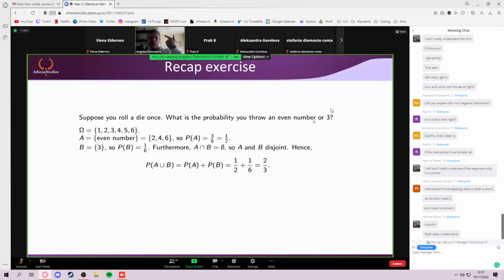So they asked us about 2 different events. The event number A is throwing an even number. So what does even number mean? 2, 4, 6. So 3 possible outcomes.